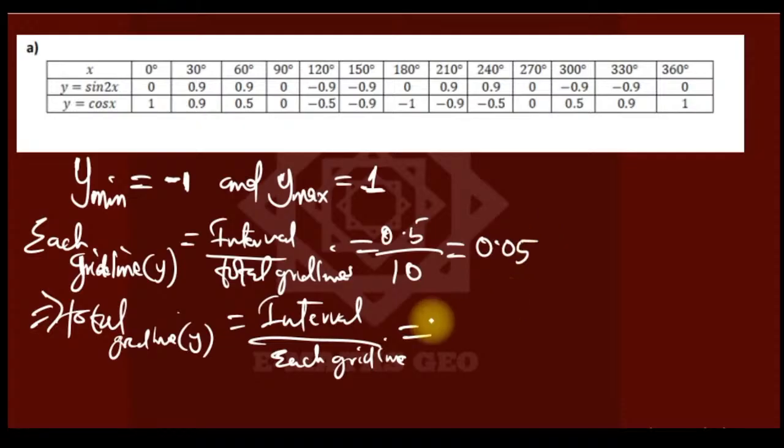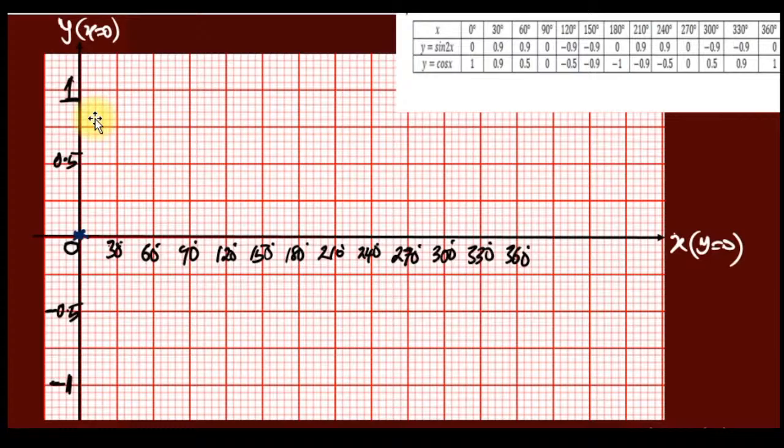Like if I want to locate 0.9, to get the total grid lines starting from the origin, I do 0.9 divided by 0.05, and I have 18.